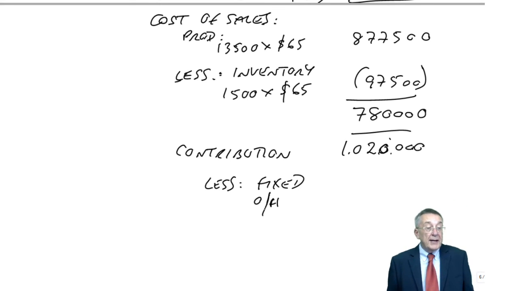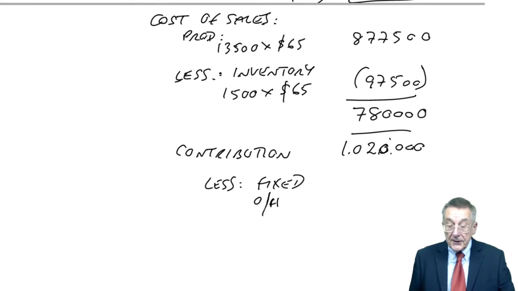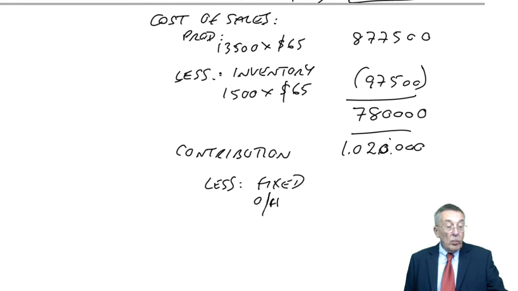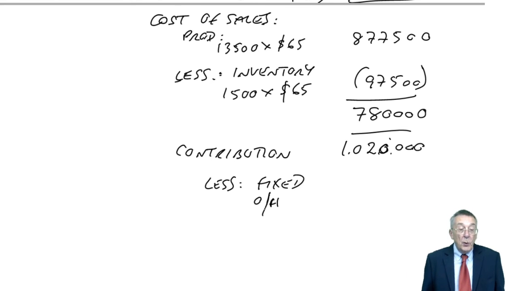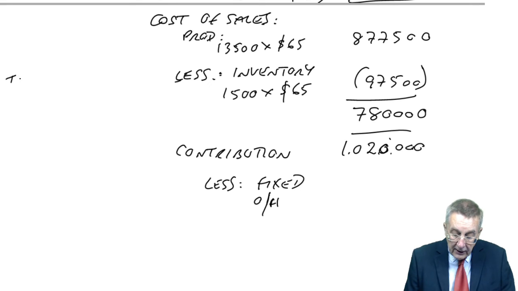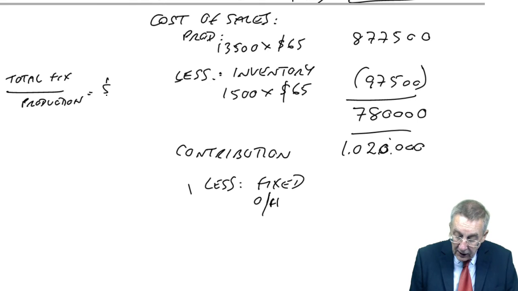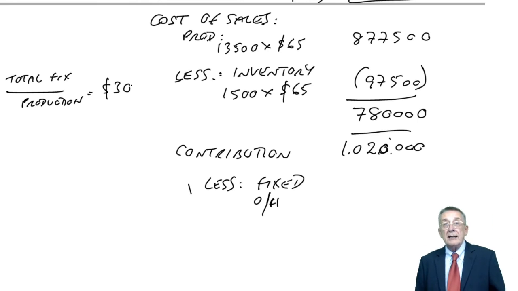And how much were we expecting fixed overheads to be? We're going to have to work backwards. In the question, they've been absorbed. But remember, to get the absorption rate, they'll have taken the total fixed overheads and divided by the production to get the $30. So that's how the 30 will have been arrived at.